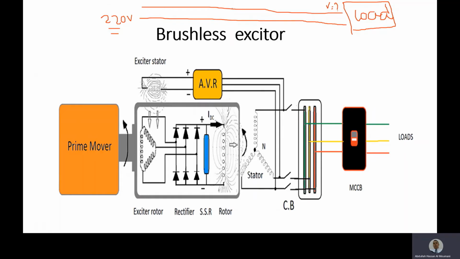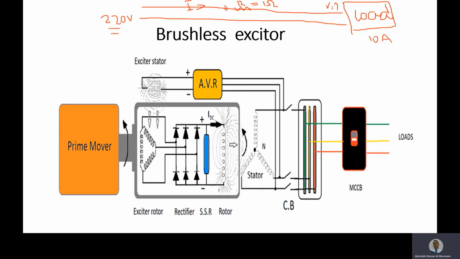Of course, the cables here will have a certain resistance. Suppose that this resistance is 1 ohm, and the load's current here, for example, is 10 amps.